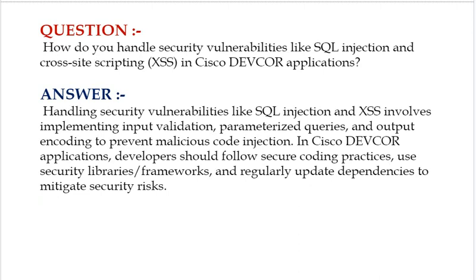Our next interview question is: how do you handle security vulnerabilities like SQL injection and cross-site scripting (XSS) in Cisco DevCore applications? Your answer should be: handling security vulnerabilities like SQL injection and XSS involves implementing input validation, parameterized queries, and output encoding to prevent malicious code injection.